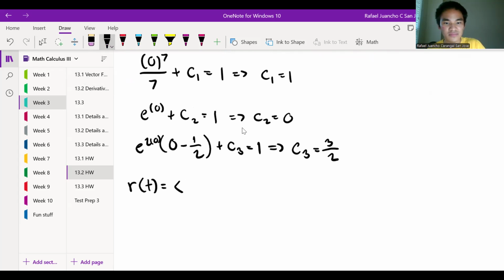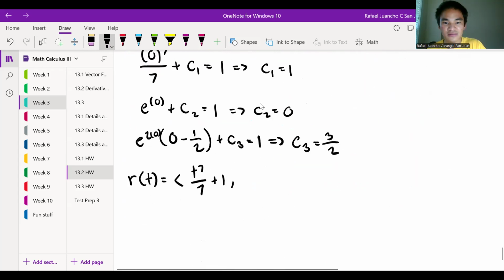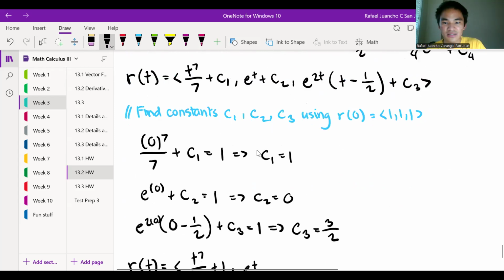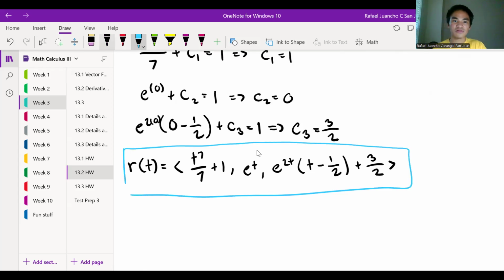My bad. t to the 7th over 7 plus 1, comma. Then we do e to the t plus c2. My c2 here is 0, so I don't add the 0 anymore. And lastly, e to the power of 2t, t minus 1 half, plus 3 over 2. And so that's my whole vector function.